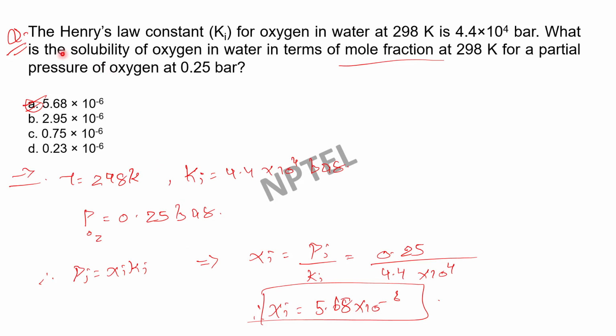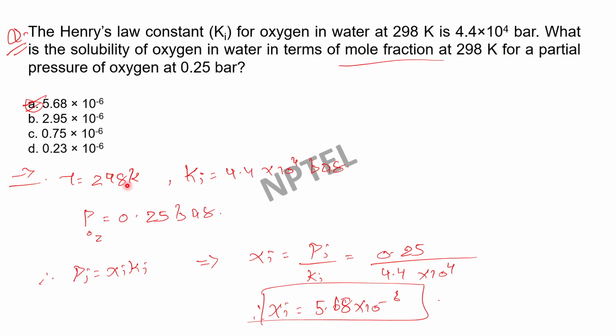Now this is the Henry's law constant, which is termed for the liquid. You can see there is oxygen in water, that is a liquid mixture, so we can use Henry's law. The Henry's law constant Ki at 298 K is 4.4 into 10 to the 4 bar. What is the solubility of oxygen in water in terms of mole fraction at 298 Kelvin for a partial pressure of 0.25 bar? We just use this equation: partial pressure of component i is equal to xi into Ki.